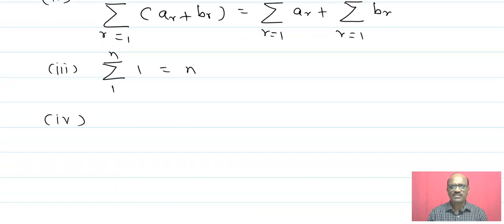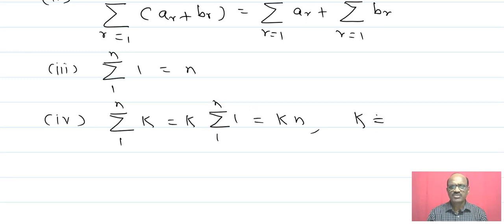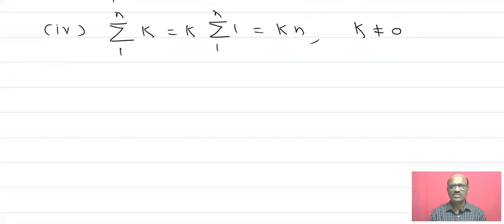And the fourth one, summation r is equal to 1 to n of the constant k is equal to k into summation of 1, that is, 1 into k, that is 1 to n of k is equal to kn. Summation of the 1 is n, where k is not equal to 0.